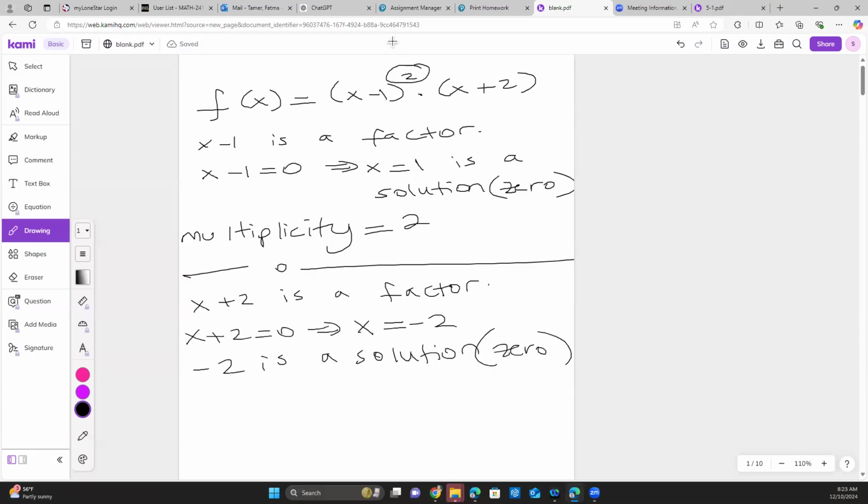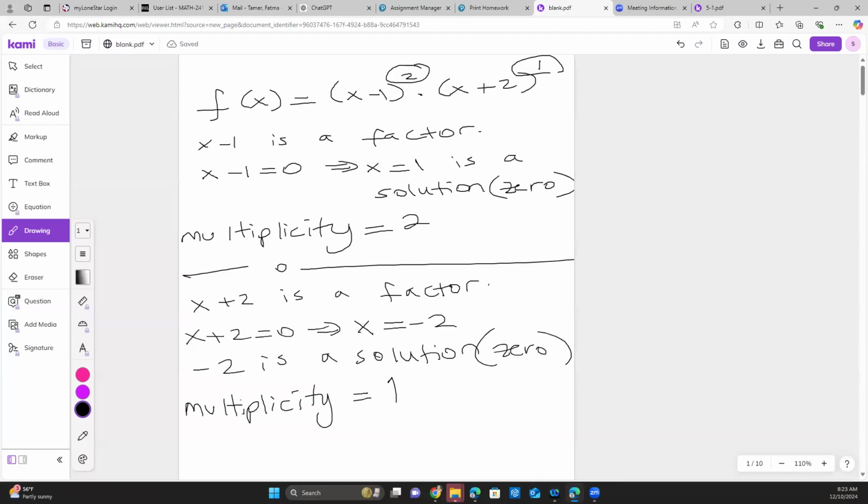Either one is going to work. This time the multiplicity for -2 will be whatever the exponent for this factor is. When there is no number, that means always a power of 1. So the multiplicity will be 1. When a function is given in factored form, it is easy to find the zeros and their multiplicities.